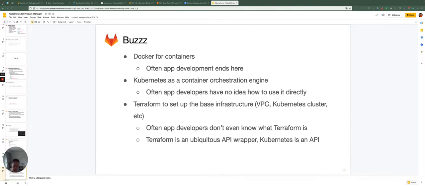Now, Kubernetes is a programmable API, as we have seen, but by default, Kubernetes is a container orchestration engine. So what Kubernetes does is, if you have microservices, that means that you will have hundreds or thousands of containers running to provide your services.